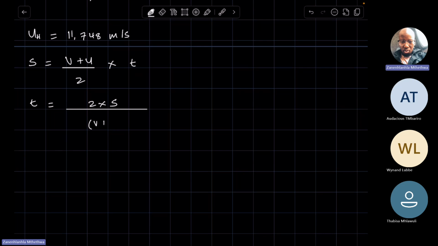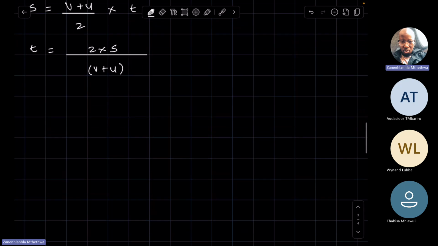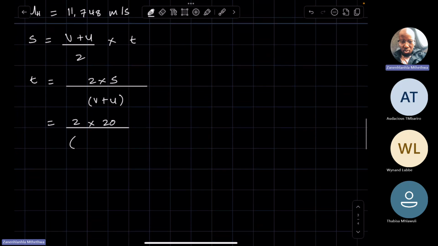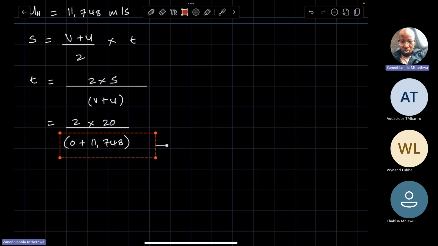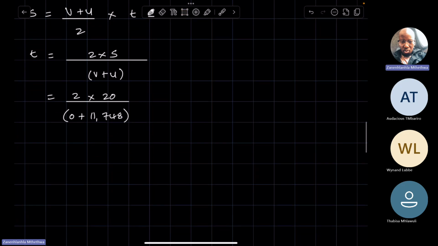v plus u, right? So this will be 2 times the s, which is 20, divided by the final velocity, which is 0, plus the initial velocity, 11.748, and this here will give us our time in seconds.